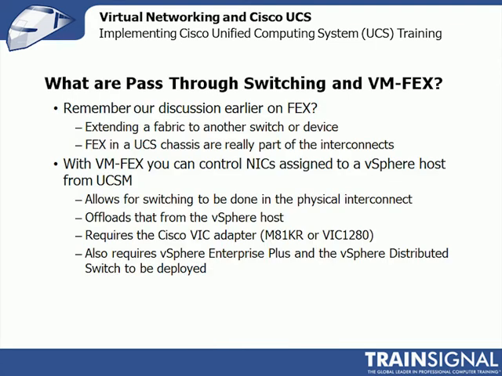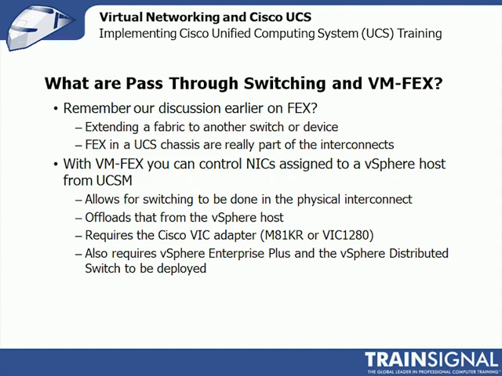With UCS, we can do what is called pass-through switching and VMFEX. Now, these go along together. Do you remember our discussions earlier on FEX, or fabric extension? If you remember, I talked about it with, say, the Nexus 5000s and the Nexus 2000s early on, where the 2000 is an extension of the 5000 switch.